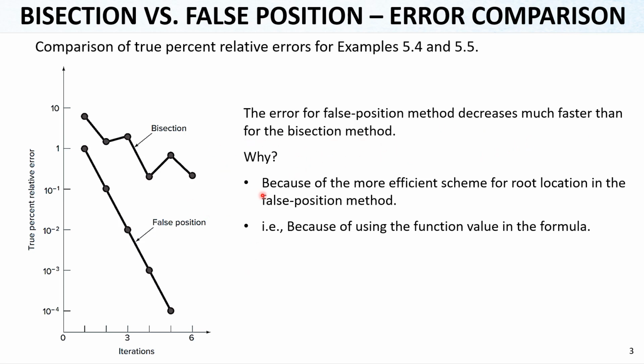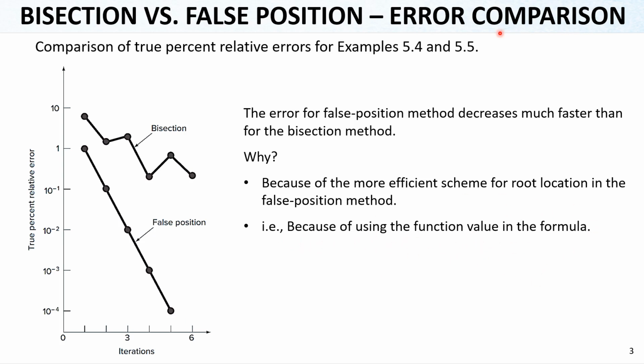The reason is the more efficient scheme for the root location. The formulation for the root location was only the midpoint for the bisection, while for the false position it was using the function values as well. Using function values gives an idea whether it is on the lower bound side or upper bound side, and makes a quicker decision and quicker convergence to the actual root. So the reason is that we are using the function value in the formula.